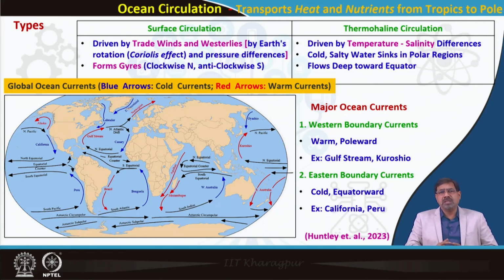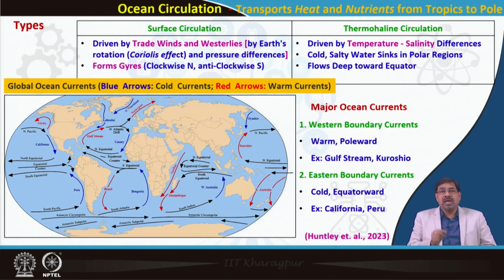Similarly, if we come towards the Indian Ocean, we can see we have the Mozambique region. There we have the red arrows, they represent the warm currents, and similarly down below Indian subcontinent we have the North Equatorial and Equatorial counter current, then South Equatorial and South Indian and Western Australia.